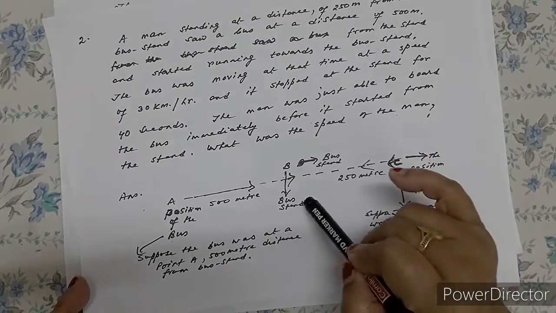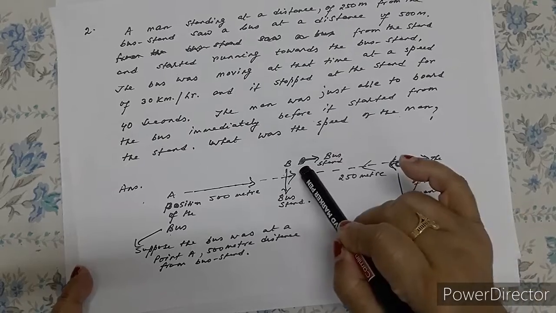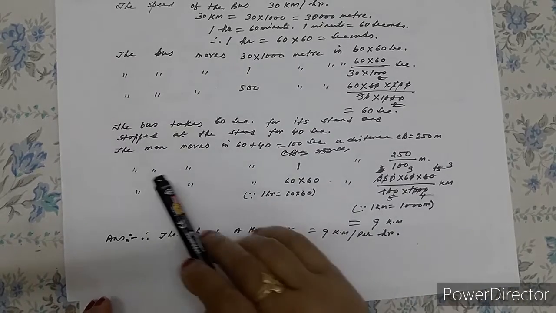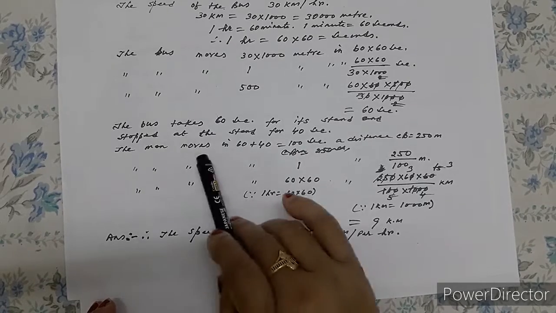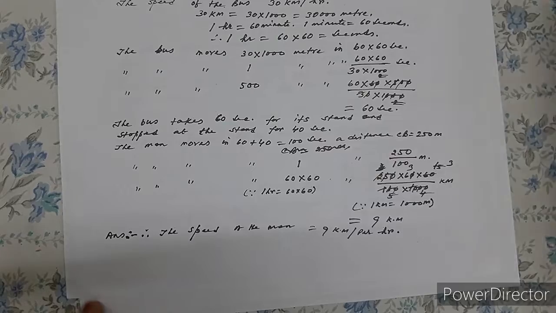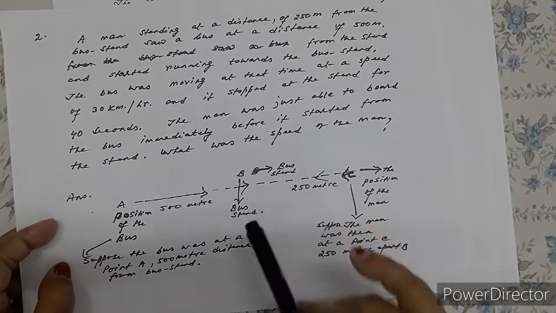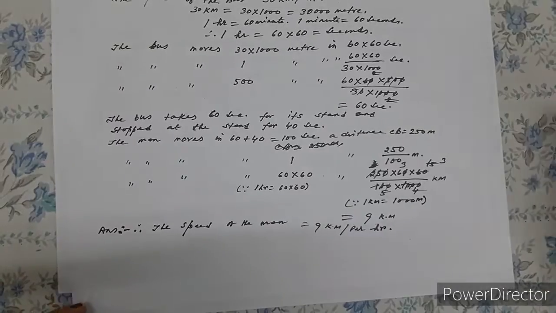So now we move. The man moves 60 plus 40, 100 seconds, a distance to cover CB, 250 meters. CB 250 meters covered in 100 seconds.